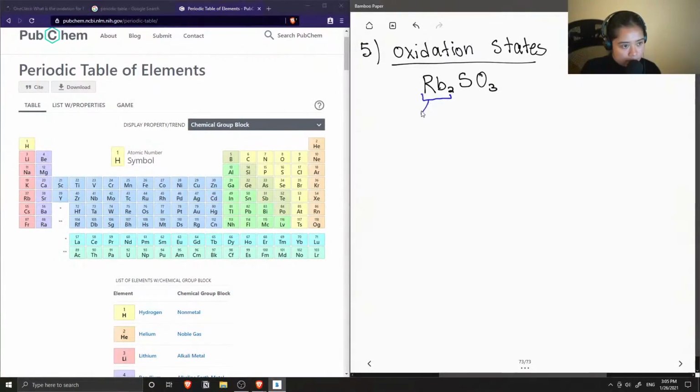So rubidium is in group 1A. So therefore, its oxidation number is equal to +1.